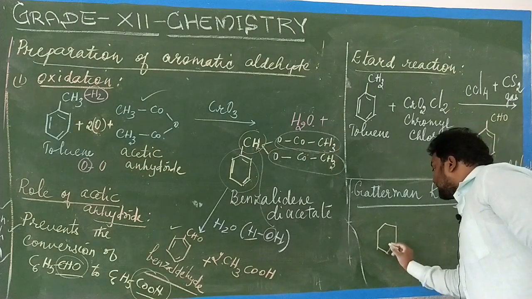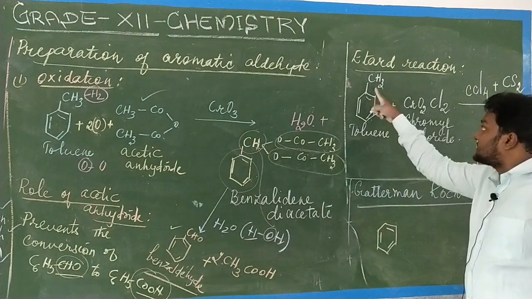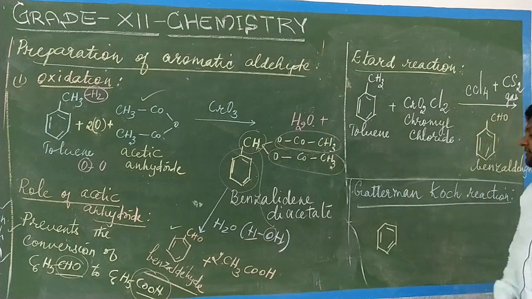Directly we can take only benzene. Here we had taken CH3 and made it toluene, but here we have taken only this benzene, isn't it?